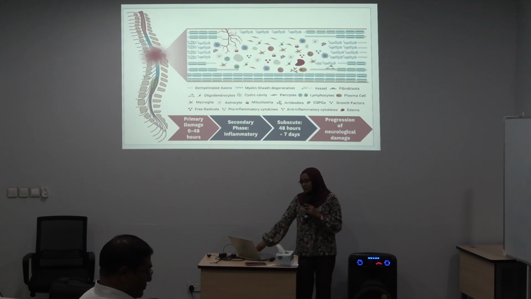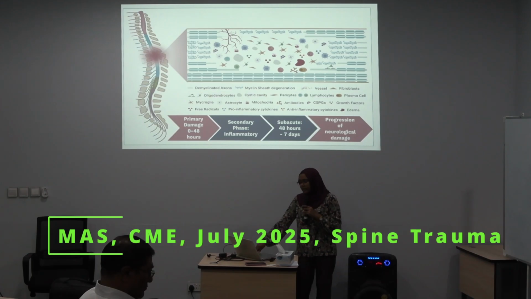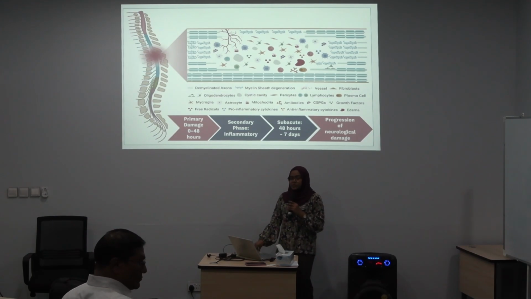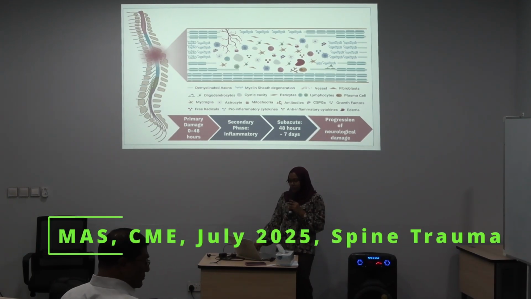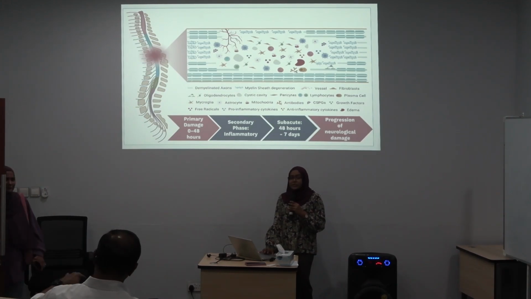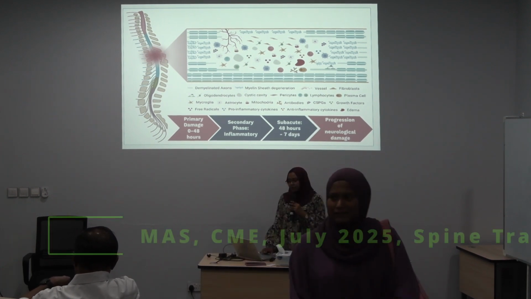Once there is trauma to the spinal cord, this will cause vertebral fracture and lead to compression or dissection of the spinal cord, causing mechanical injury and damaging neurons and oligodendrocytes, impairing communication pathways of the nervous system, which can cause complete loss of sensory or motor function. This phase is referred to as the primary damage, which lasts from 0 to 48 hours.